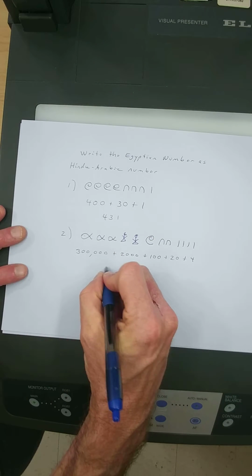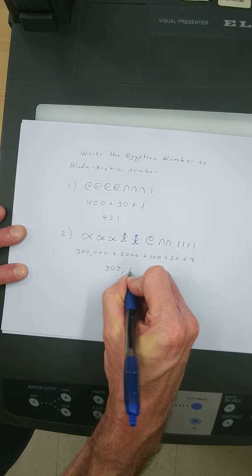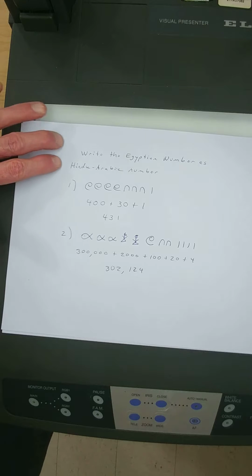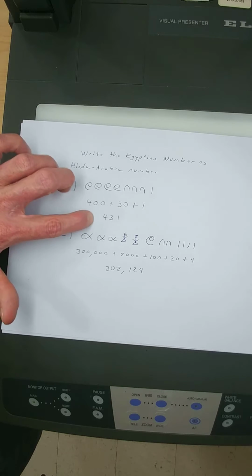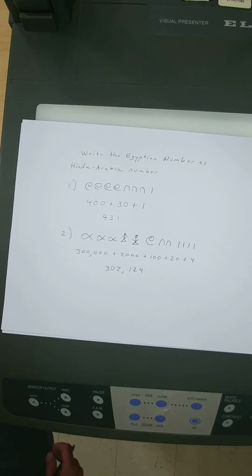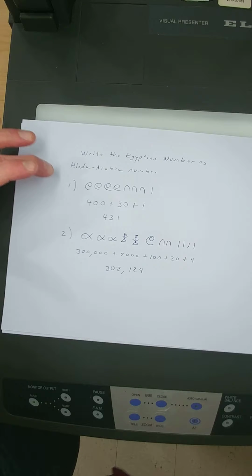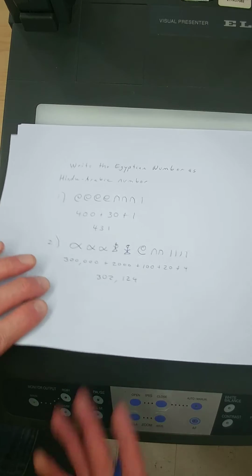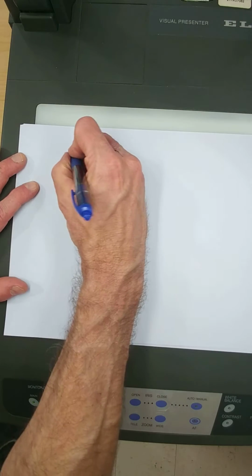So this comes out to 302,124. So there's 2 examples of taking an Egyptian hieroglyphic to a Hindu-Arabic number. And really in this section, the only thing you have to do is be able to go Egyptian to Hindu-Arabic. And then in the next example, we'll do Hindu-Arabic to Egyptian.